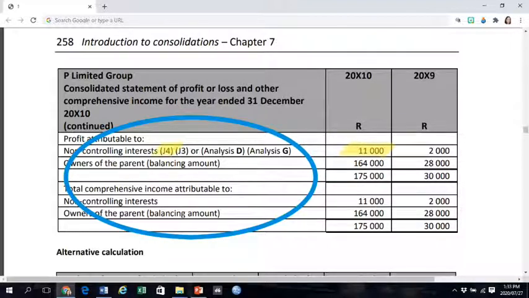The portion attributable to the owners of the parent becomes the balancing amount to balance back to profit for the year. Because we didn't have any other comprehensive income items during 20x10, the portion attributable of total comprehensive income is exactly the same as profit attributable.